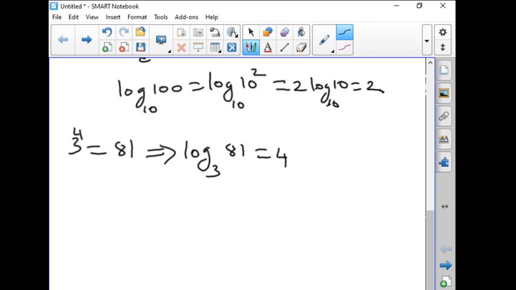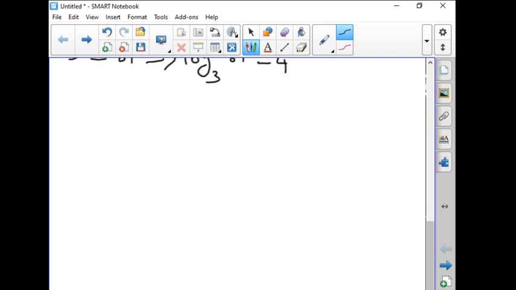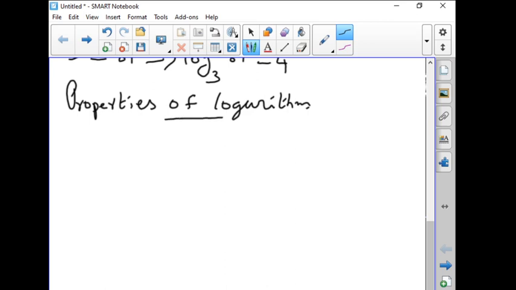So now we are going to learn the properties of logarithm. The first one is a power log x to the base a is equal to x.